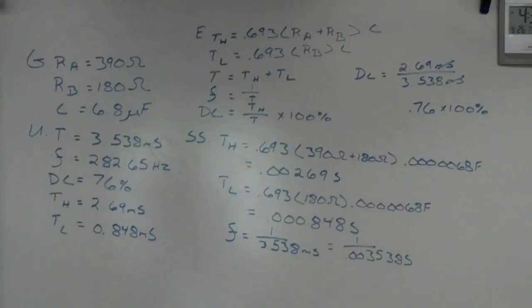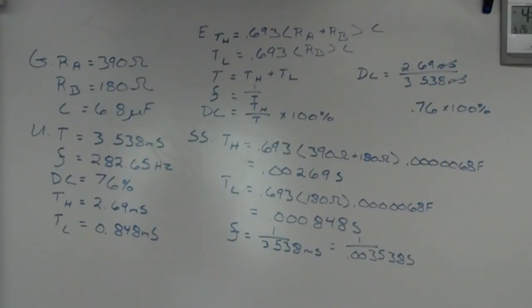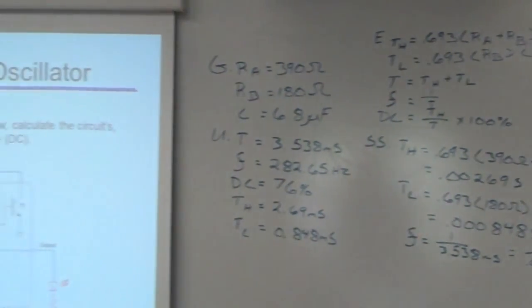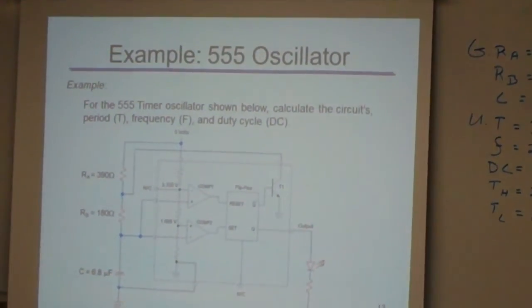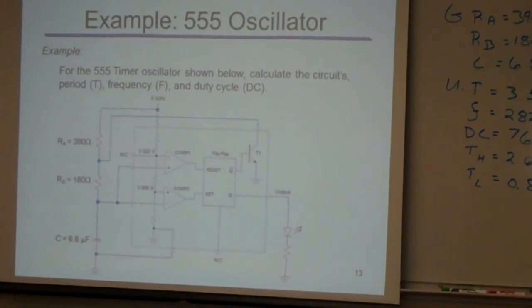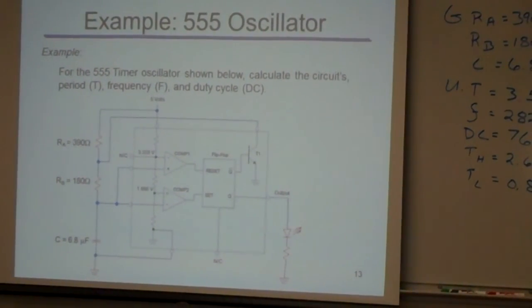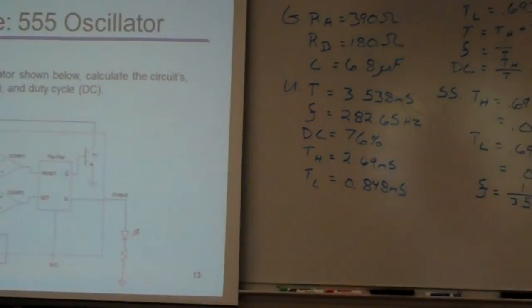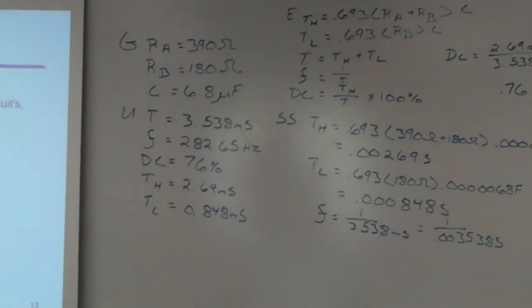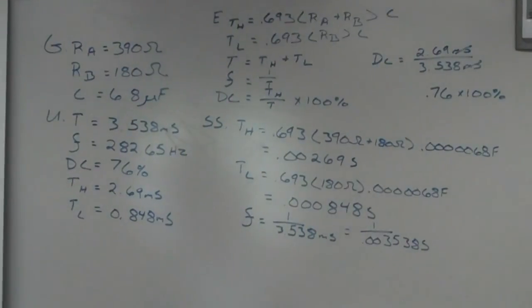So that should show all of my work for this problem. Once again, this was the circuit that I was dealing with, and we can see that I've got RA, RB, and C over on the left hand side. Give you a little more time to look at the work if you'd like to.